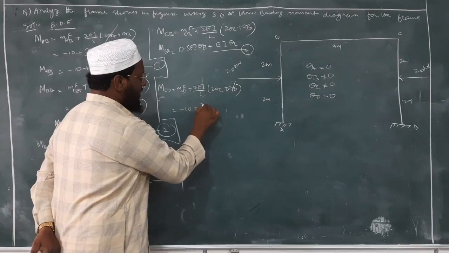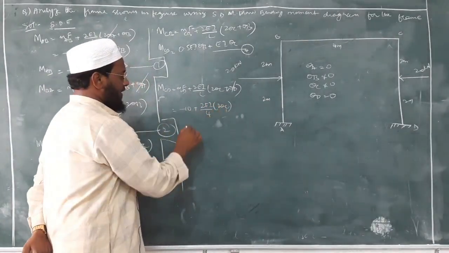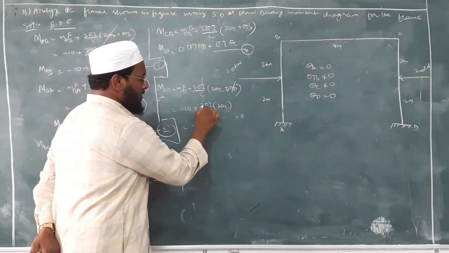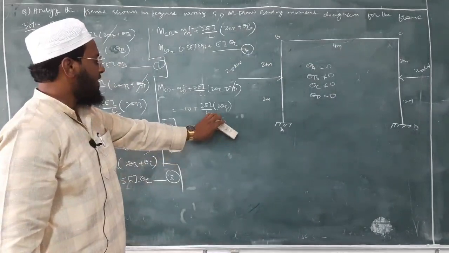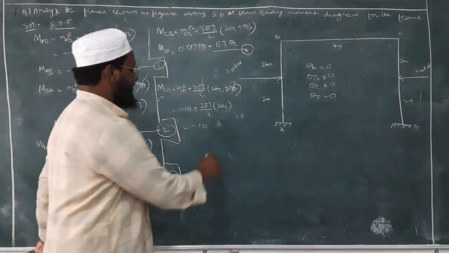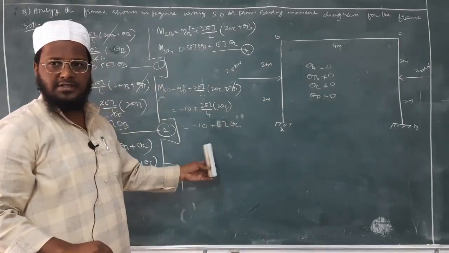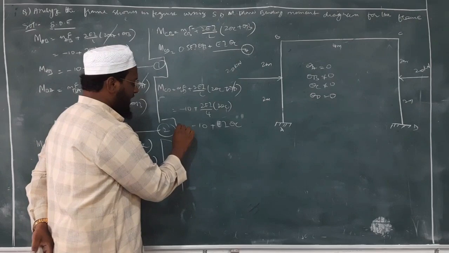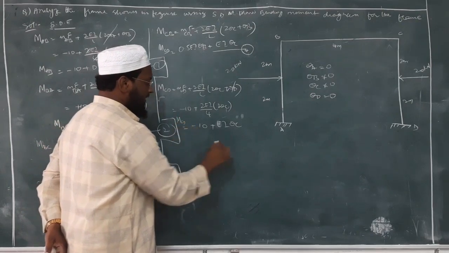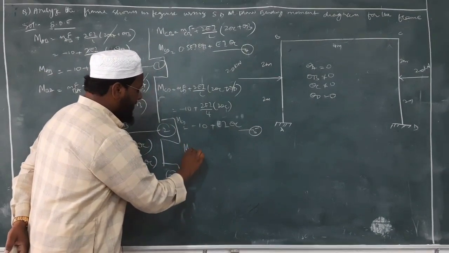Minus 10 plus 2EI by 4 into 2 theta C. So minus 10, 2 2s are 4. This is EI theta C, right? 10 plus EI theta C. Am I right? Yes. 10 plus EI theta C. So this is MCD, equation number 5.